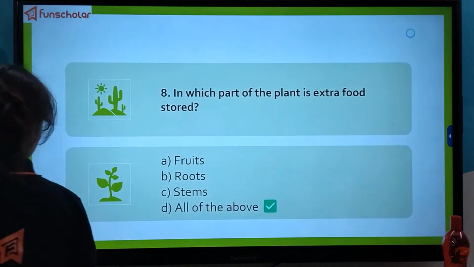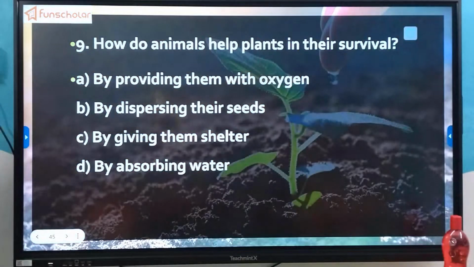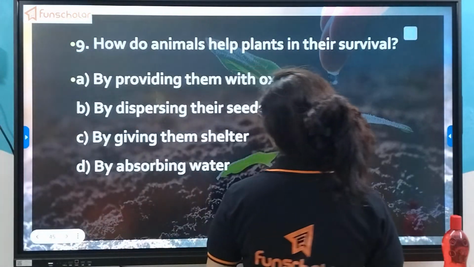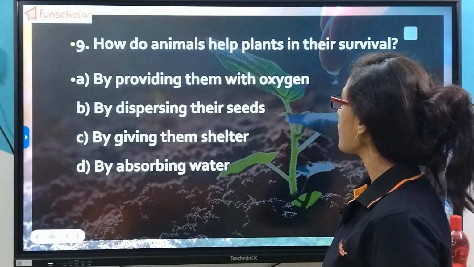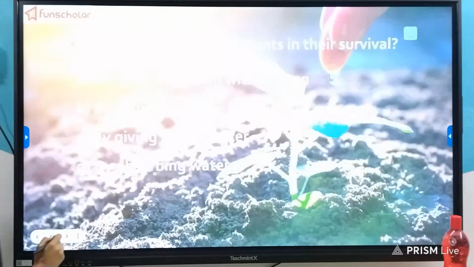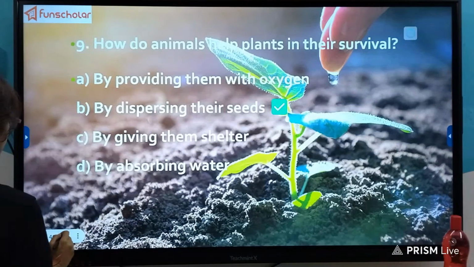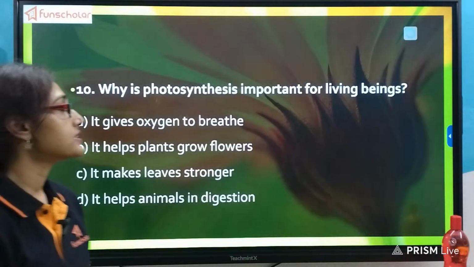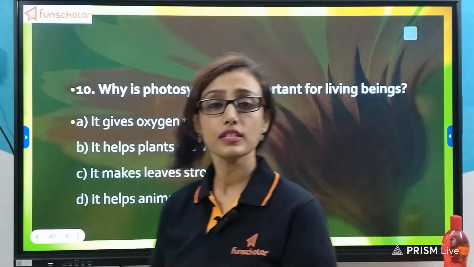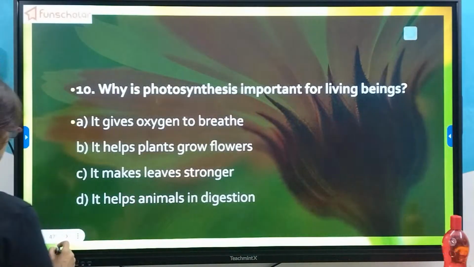So the answer will be D. How do animals help plants in their survival? By providing them with oxygen, by dispersing their seeds. Why is photosynthesis important for living beings? Because it gives us oxygen to breathe.